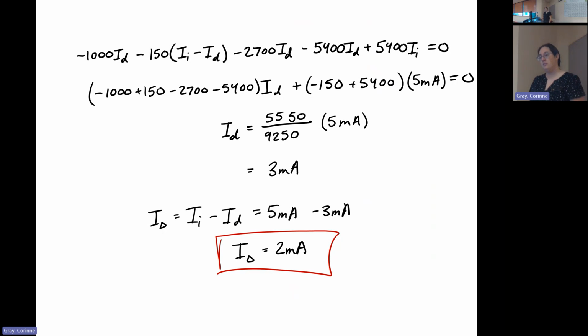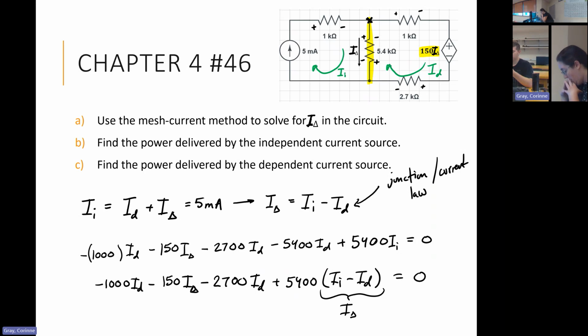Yes. Should it be a different number? The numerator, because it's 5, 4. Oh, that too. Yeah. That too. Did I just mix up a sign somewhere? Let us check.